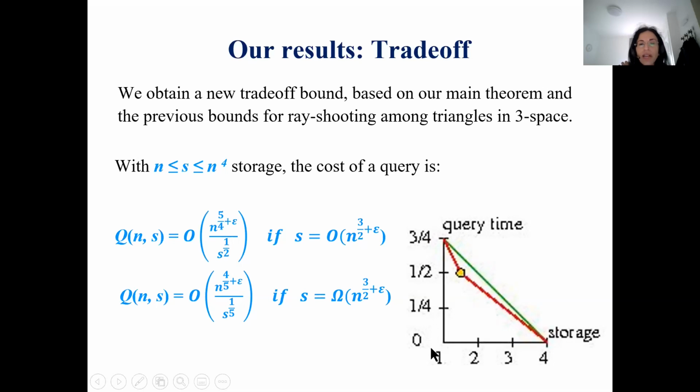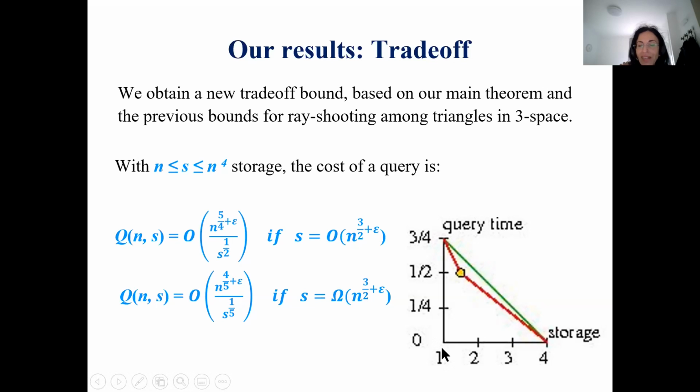Okay, and this is a schematic figure of our trade-off bound. The green line represents the old trade-off bounds, S and N over S to the 1/4. These are logarithmic scales of the storage complexity. This means N to the 4, and for the query complexity, this means N to the 3/2.